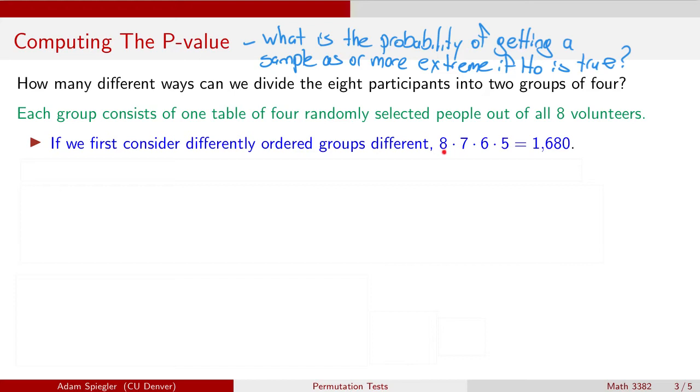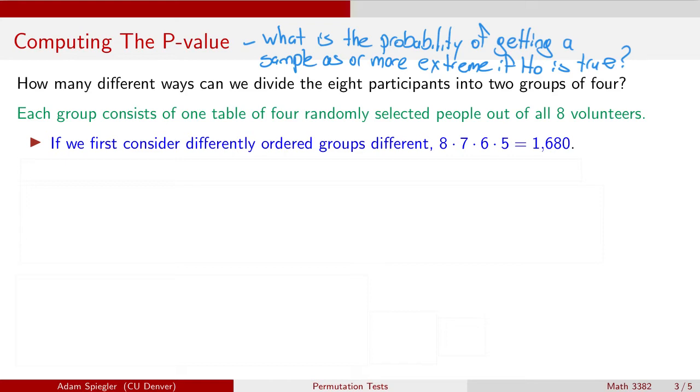Well, the first person, we have 8 choices. Then we have 7 for the second person, 6 for the third, 5 for the fourth. So that gives us 1,680 different ways I can pick 4 people to sit at the table.